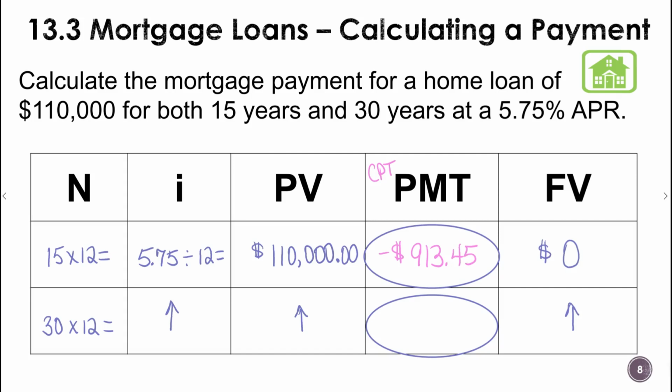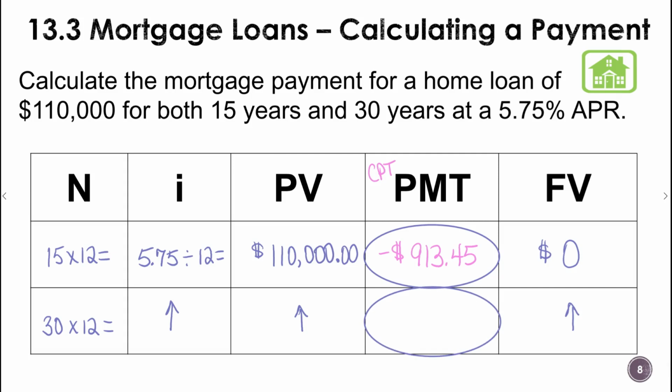And then the second loan, enter in your 30 times 12 equals, that ends up being 360 payments, but you don't have to change your interest rate, your present value, or future value because they will be the same as the previous loan. Then we're going to compute the payment for the second loan.